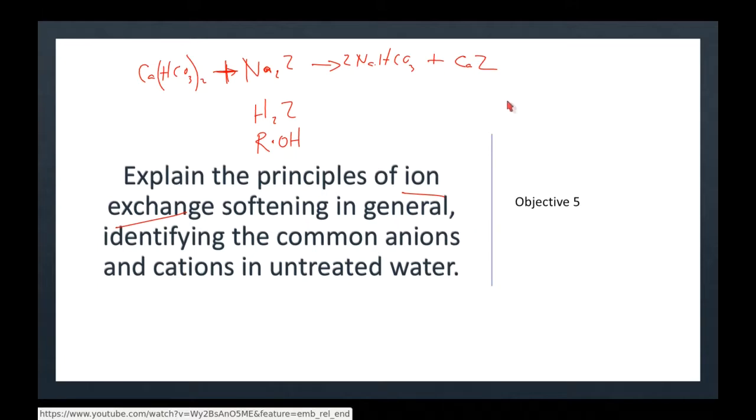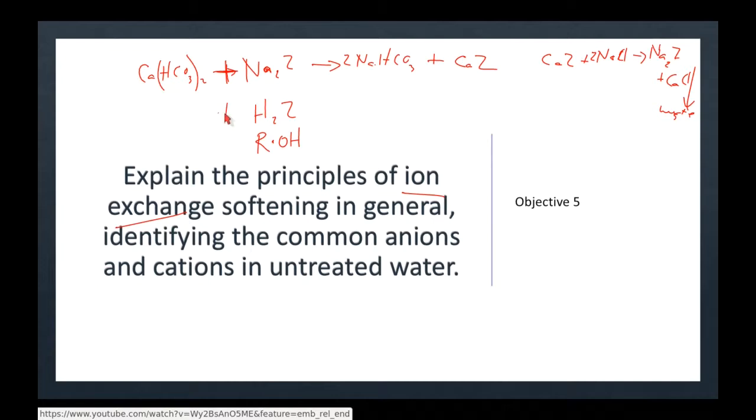Then when we regenerate it, we take the calcium zeolite plus a very concentrated sodium chloride solution. And what we end up with is, again, well, there should be 2 sodium zeolites. We end up with Na2Z plus calcium chloride, and the calcium chloride is going to go to waste, down the drain.